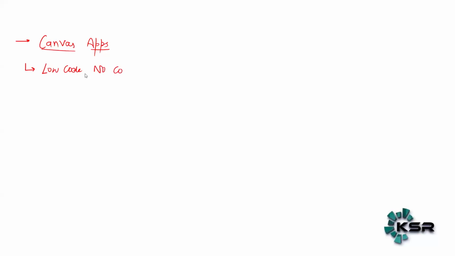A low code, no code solution, and it is part of Power Apps. It's not limited to a 3-page screen app; that is just the template. You can have as many screens as you want.